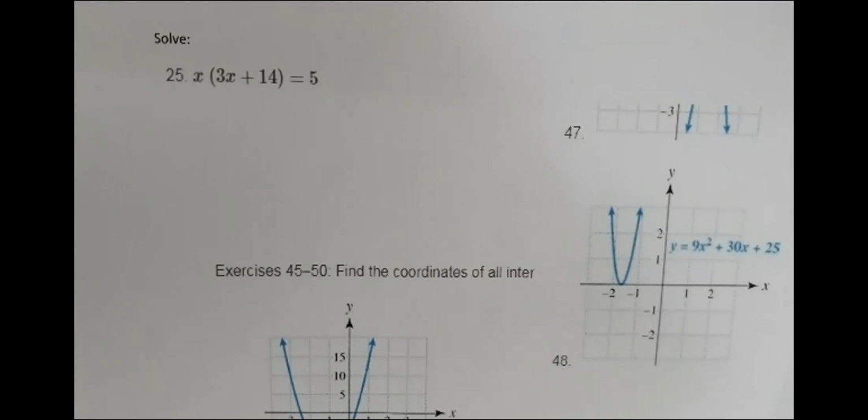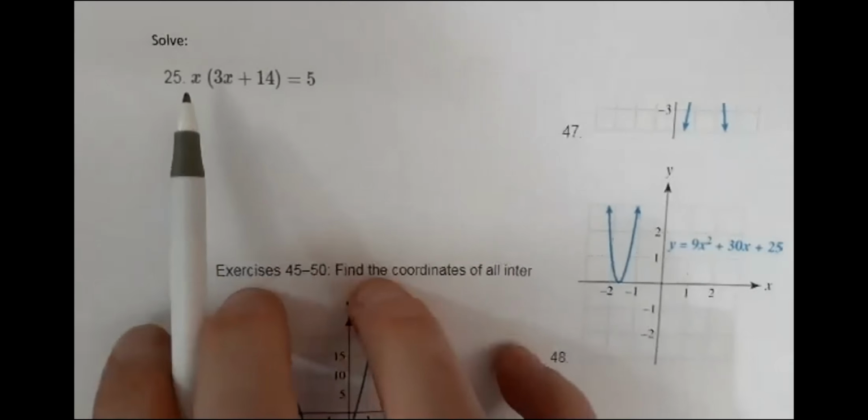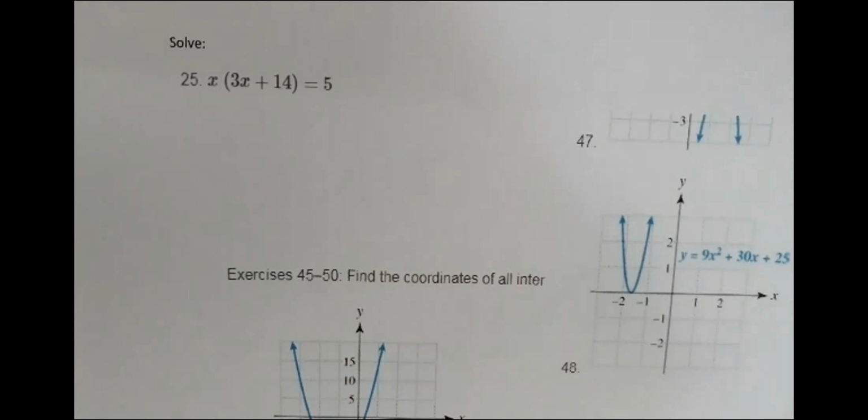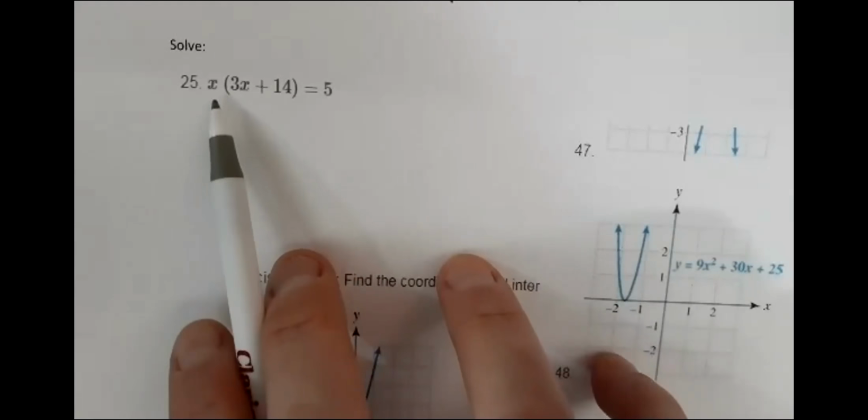Okay, 25. It says to solve this thing. So I guess the obvious thing is should I go x equals 5, 3x plus 14 equals 5? Is that a good strategy? Hopefully, I hope you're all saying no, right?